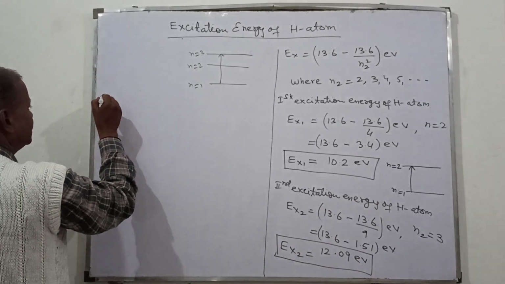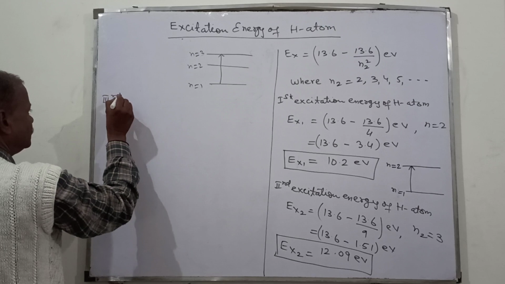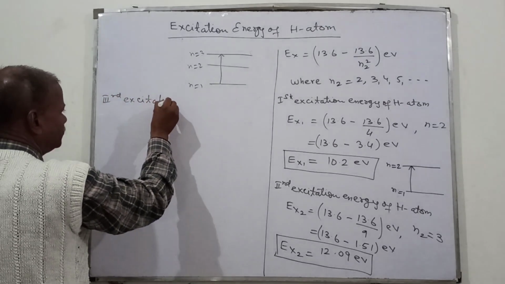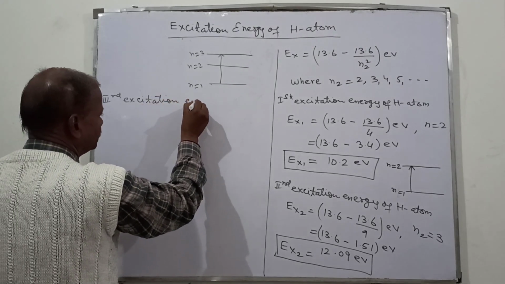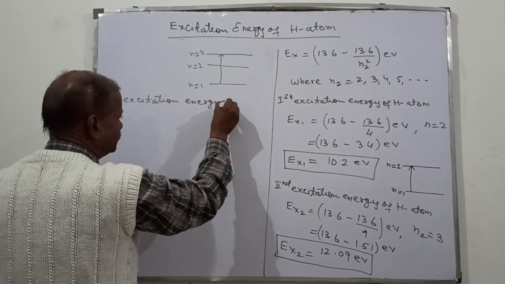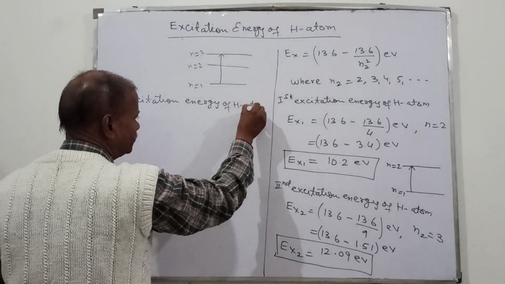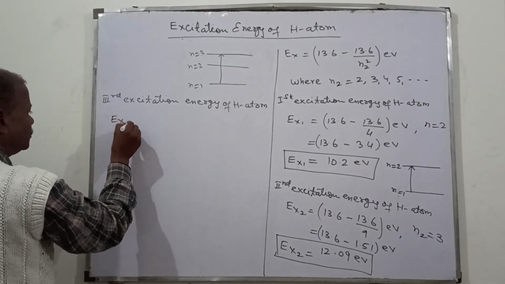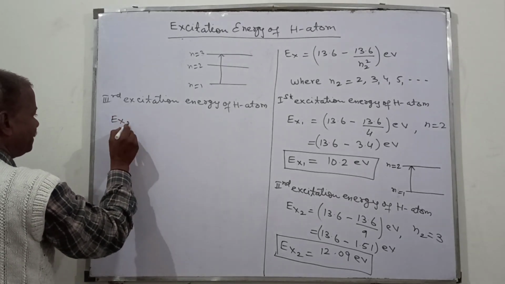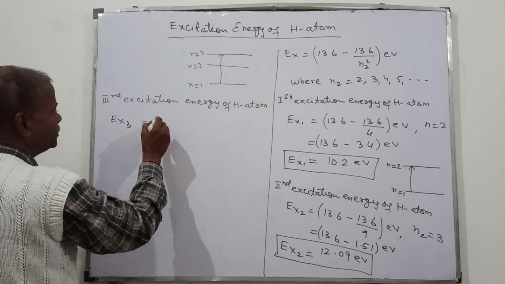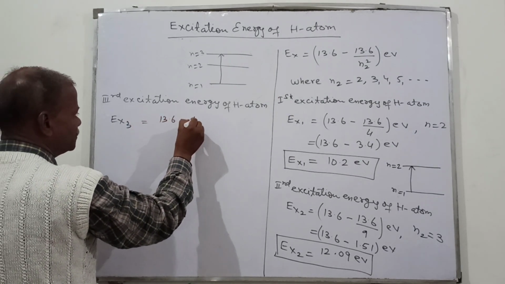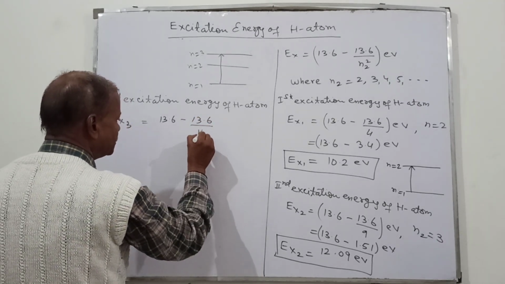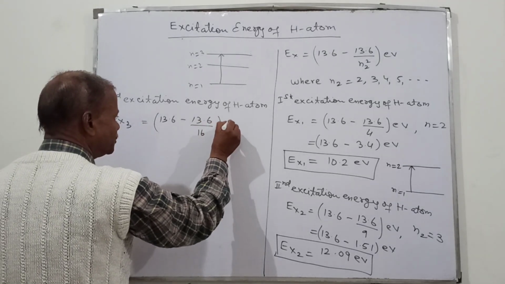Now the third excitation energy of hydrogen atom. EX3 is equal to 13.6 minus 13.6 upon 16 electron volt.